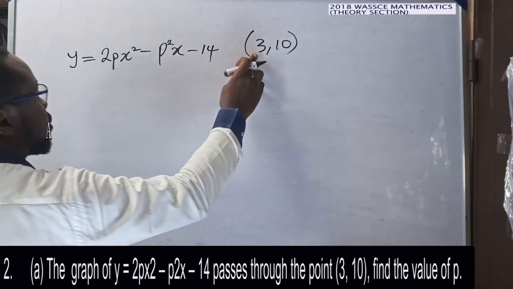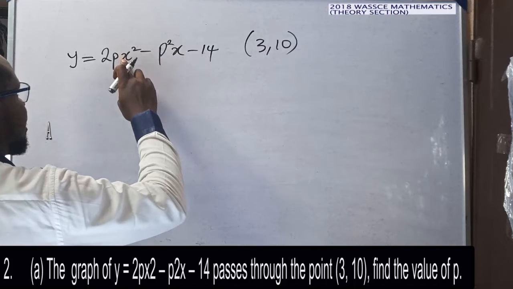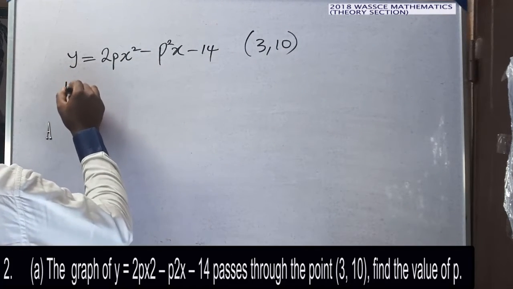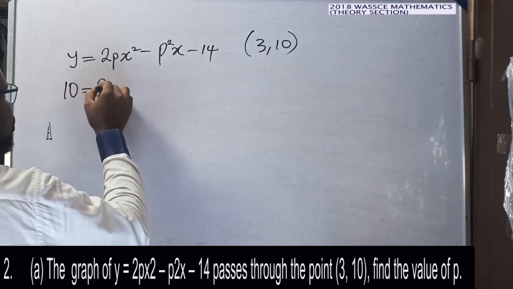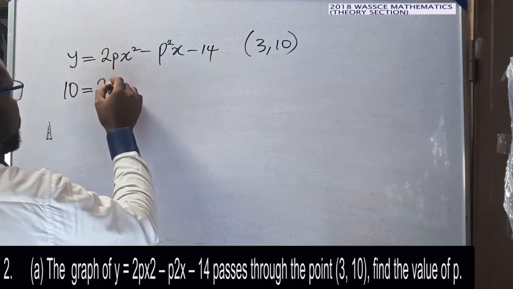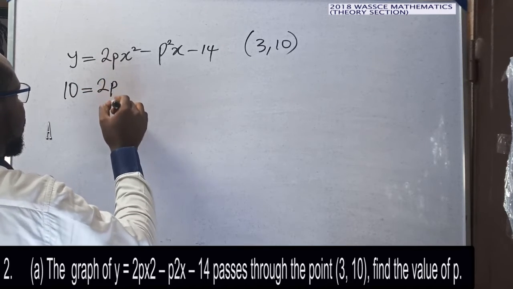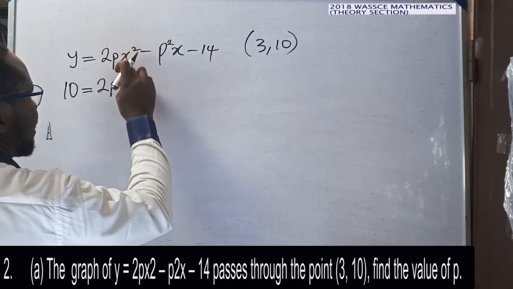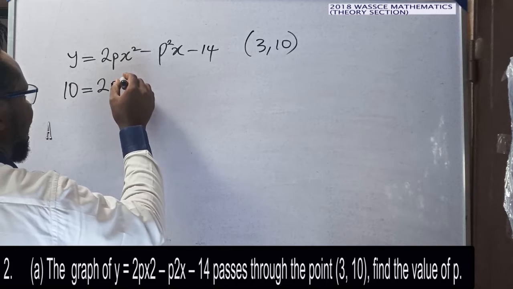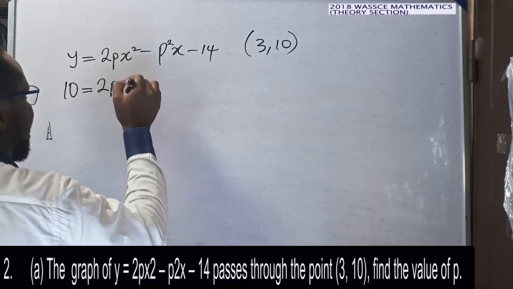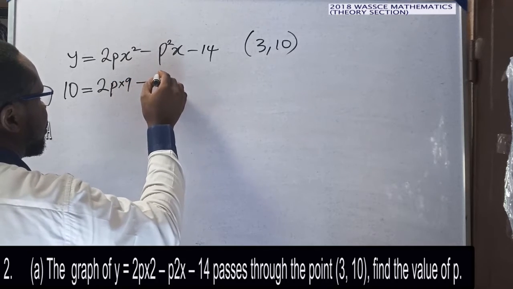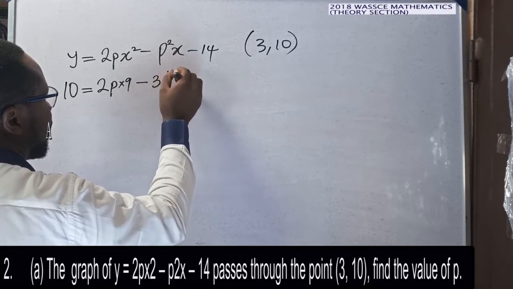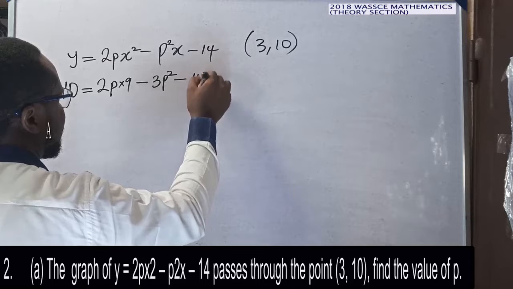So I'm going to substitute the value of x as 3, then the value of y as 10. So one can simply say 10 is equals to 2. p is still what we're looking for. 3 times 3 is 9. That is 3 squared is 9. 9 times 2p minus p squared times 3 minus 14.